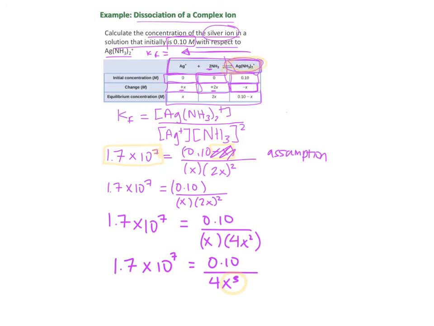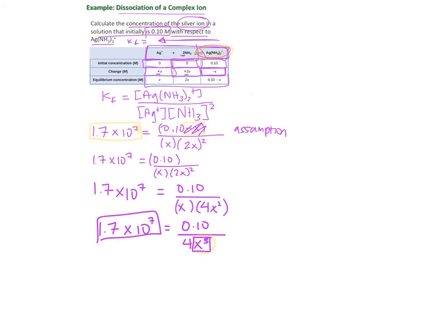So we are going to switch this with this. If we were to do the algebra, that's what you would end up getting. It flips places. So instead what we get is 4 times 1.7 times 10 to the 7th.